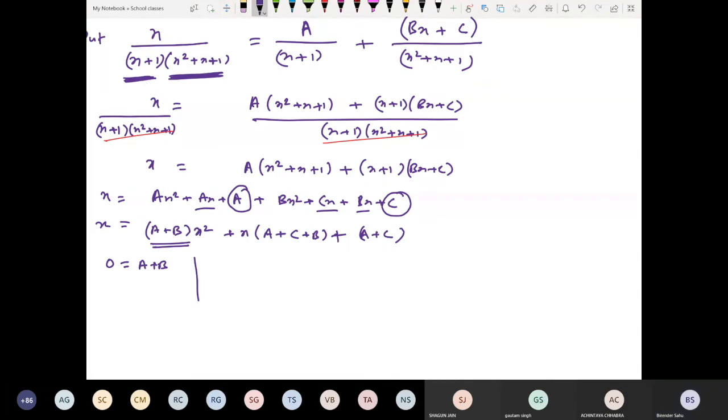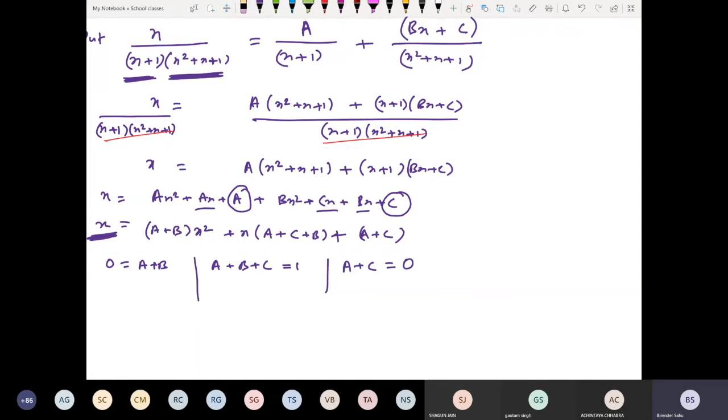Is there any doubt to anyone? Yes, anyone have any doubt up to here? A plus b equals 0. Here the coefficient of x is a plus b plus c, and here the coefficient of x is 1. Comparing the constant coefficient, here the constant coefficient is a plus c and there is no such constant term here, that means that is 0.